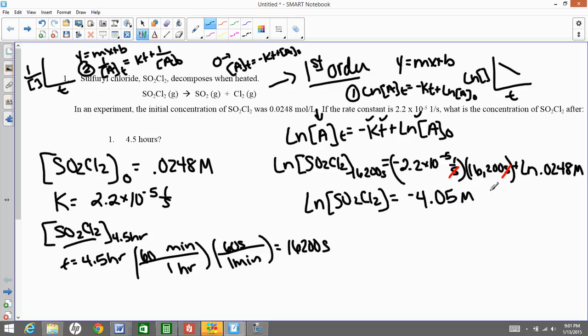And again, this is going to be big M. They're not going to cancel just the seconds. As you can imagine, I can't have a negative concentration. That doesn't make sense. And I do have to get rid of this natural log. So you're going to do the bed shuffle or the loop-de-loop, whatever your math teacher calls it. I call it the antilog. For the log, the antilog was to do 10 to the.